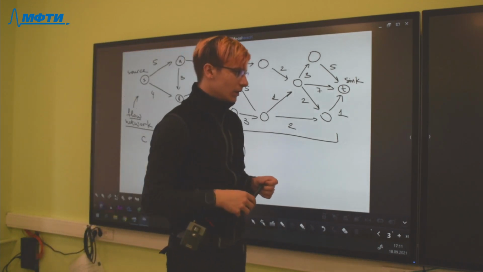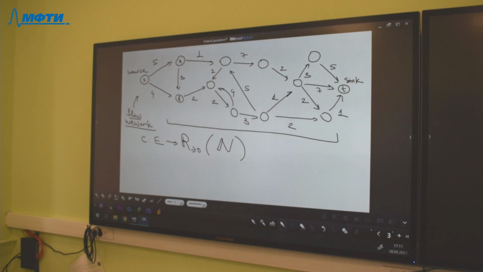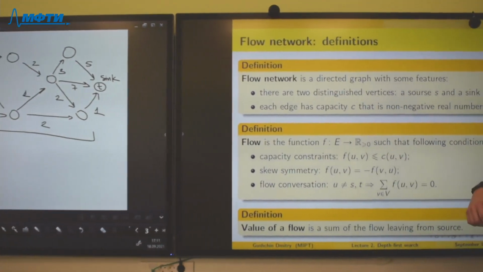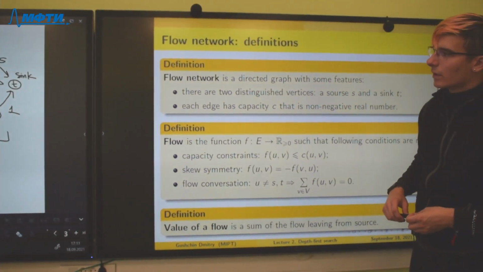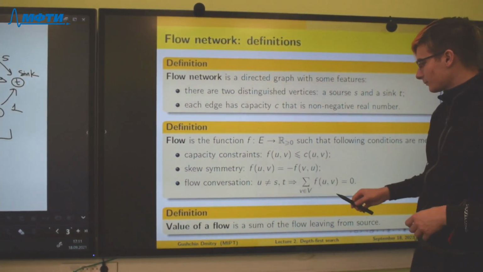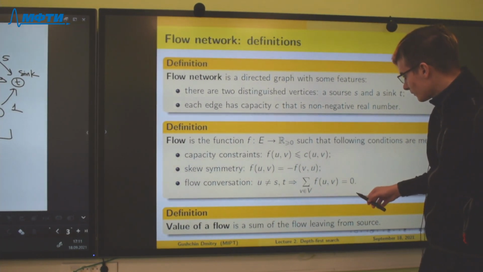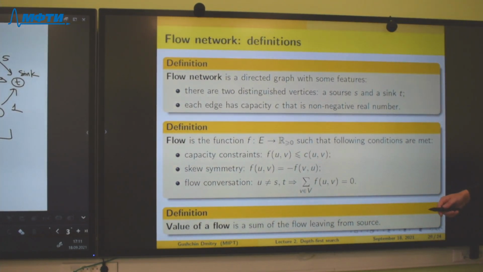And the last condition is that we have no trouble in the vertices because of conservation of flow.